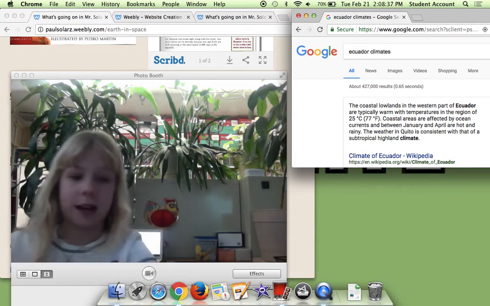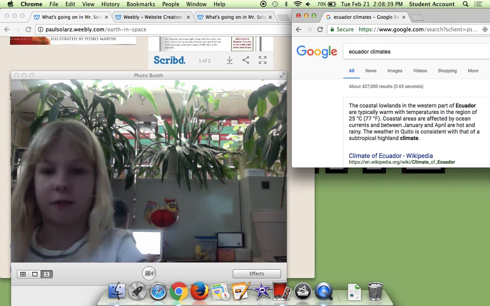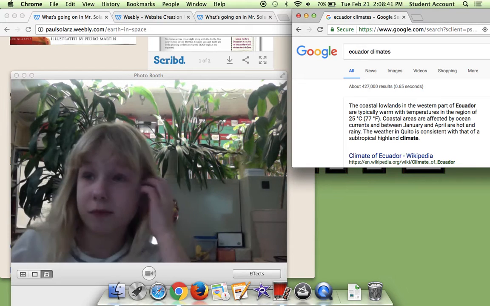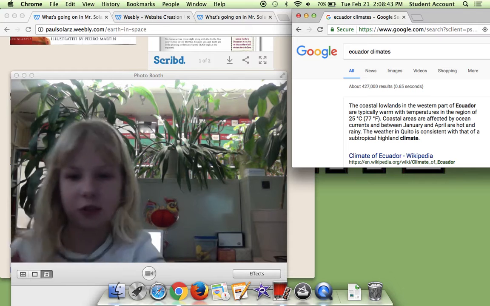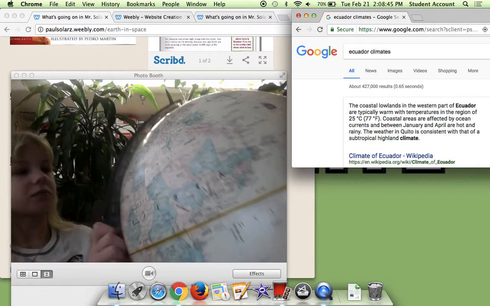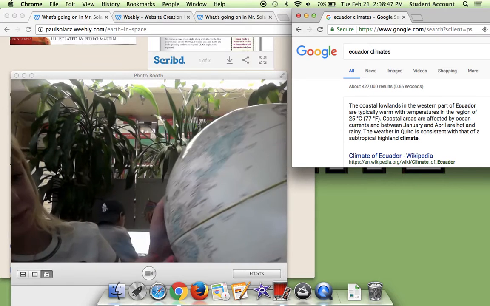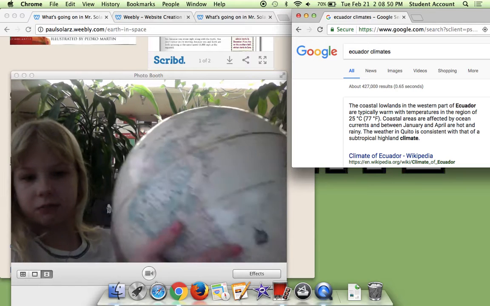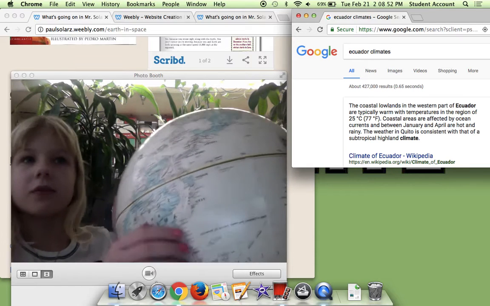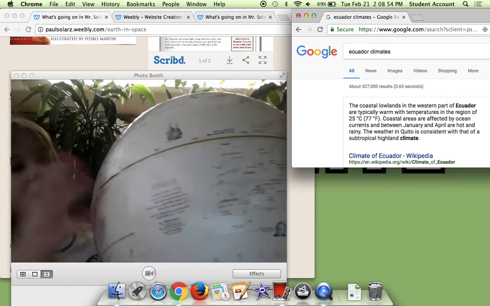And the seasons for them are just the opposite of the northern hemisphere, since they live in the southern hemisphere. They probably live down here, I don't know where they actually live, and I live in the northern hemisphere.